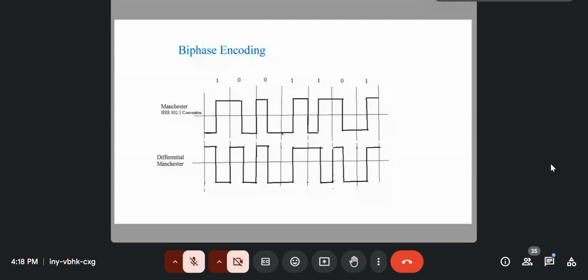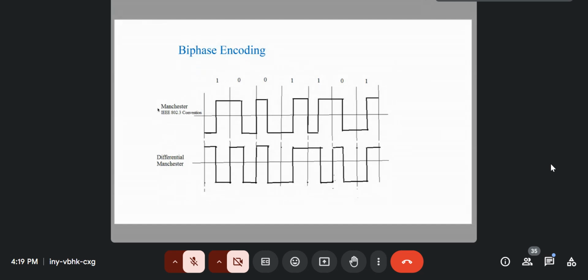There may be no transition at the edge of an interval, at the beginning of an interval. But there is always a transition in the middle of the interval, because the transition has to be in the middle of the bit interval, representing the signal. So that is 0, that is 1, that is 1, that is 0, that is 1.